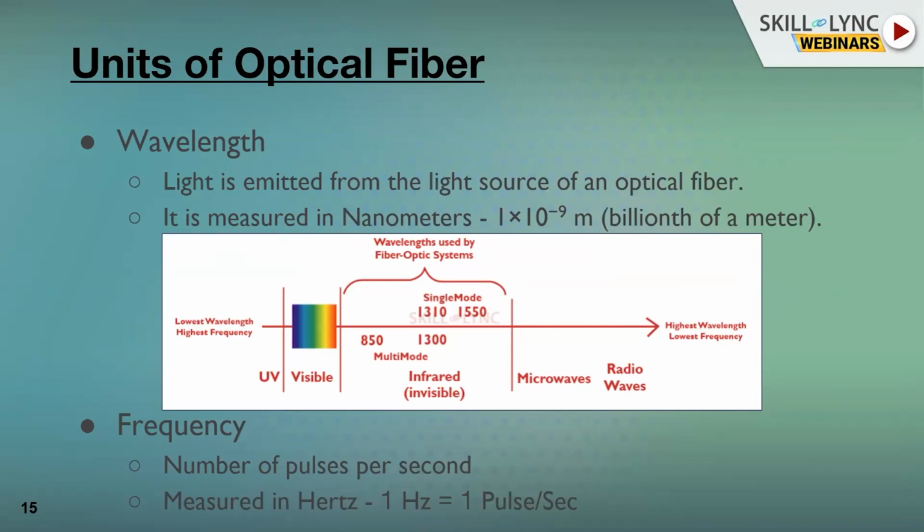It's like one blink per second, something like that. That is calculated in hertz. As I said, you have multi-mode and single mode, right? The wavelength of single mode is around 1310 to 1550 nanometers, whereas the wavelength of multi-mode is around 850 to 1300 nanometers.